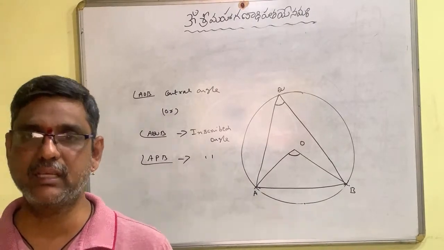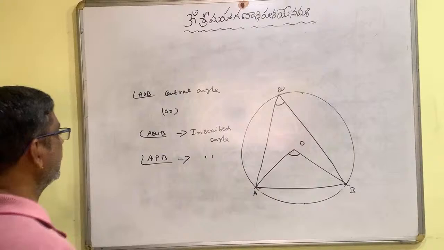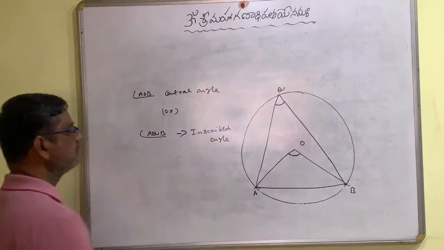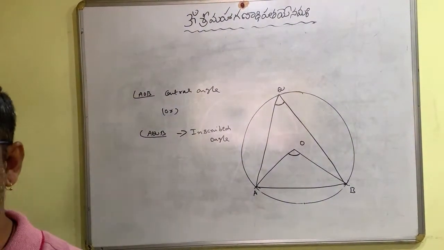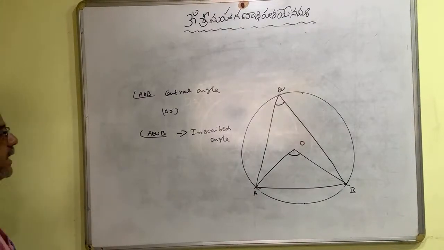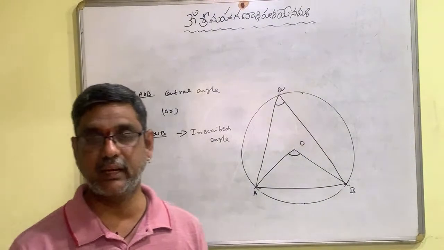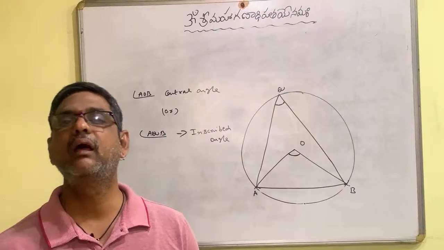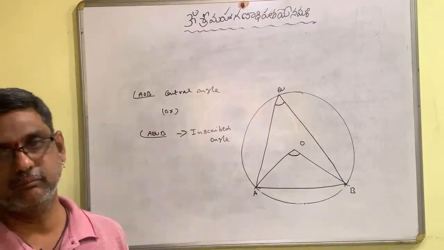One angle at the center and the other angle on the remaining part of the circle, at a point Q on the circle.